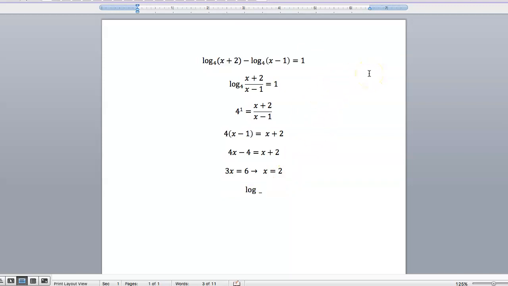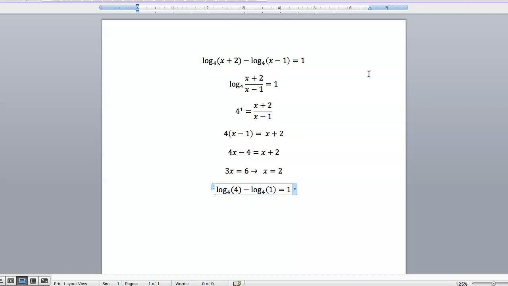So I have log base 4 of 2 plus 2. Well, I can do that one. 2 plus 2 is 4. That's positive. So far, so good. Let's keep going. Minus log base 4 of x minus 1. Well, 2 minus 1, that's positive 1. Hey, looking good. Equals 1.